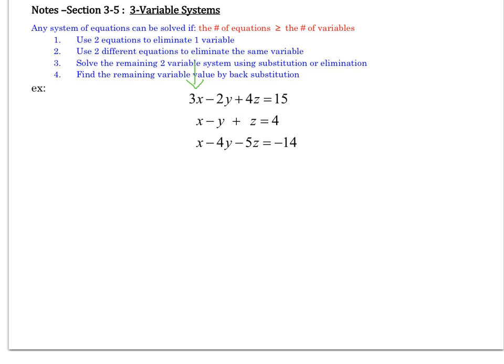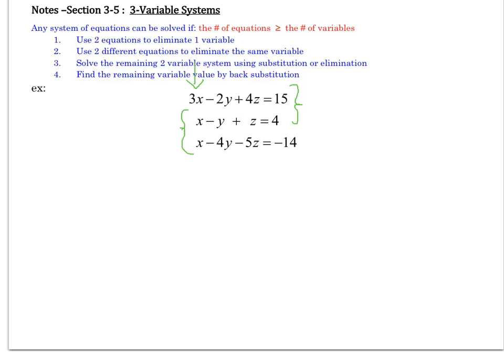So what we're going to do is focus on eliminating these two x's from those two equations, and then we're going to focus on eliminating the x from those two equations. You have to involve everyone in the process.